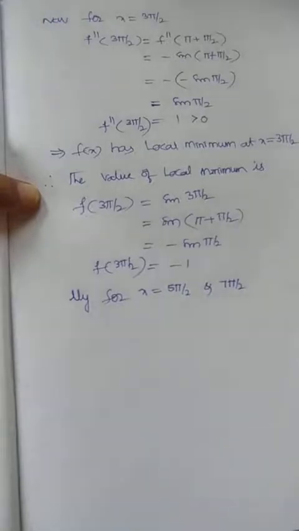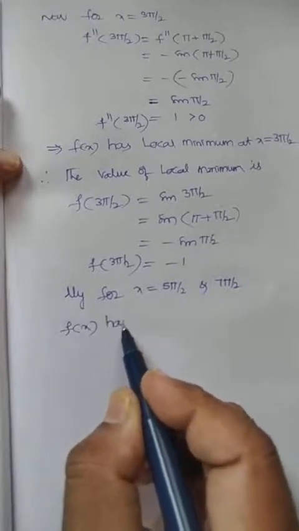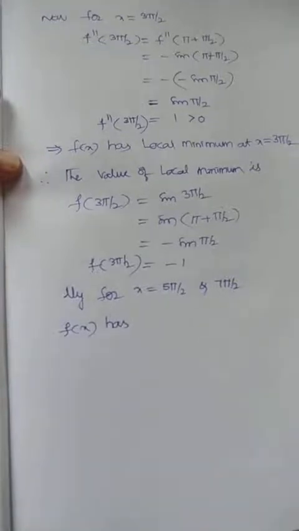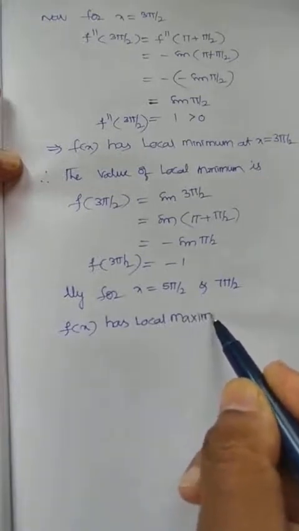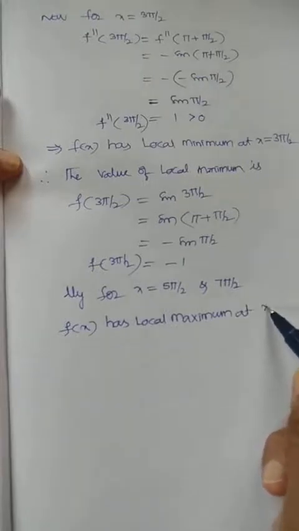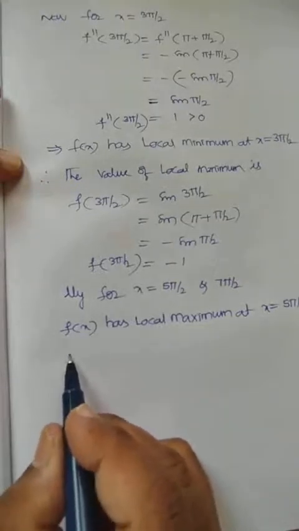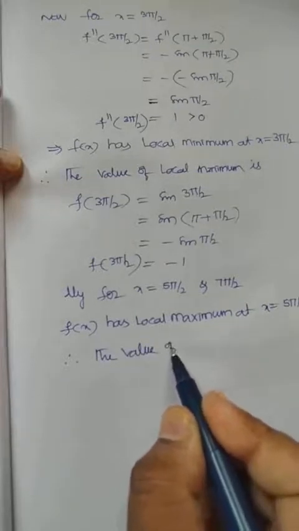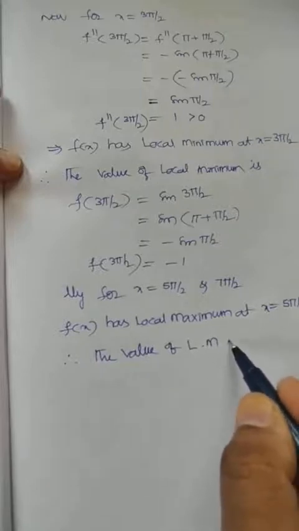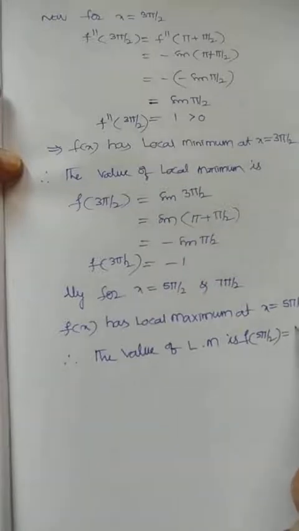I am writing directly for these stationary values; you practice it. f of x has a local maximum at x equals 5 pi by 2, and the value of the local maximum is f of 5 pi by 2 equals 1.